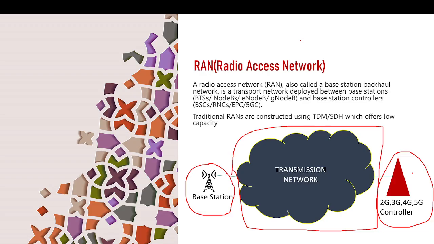The BTS is for 2G, NodeB is for 3G, eNodeB is for 4G, and gNodeB for 5G. The base station controllers are the BSC, the RNC, the EPC, the 5GC. This network deployed between the base stations and the controllers is what we call the radio access network.